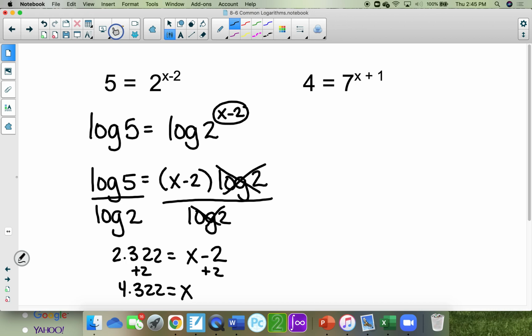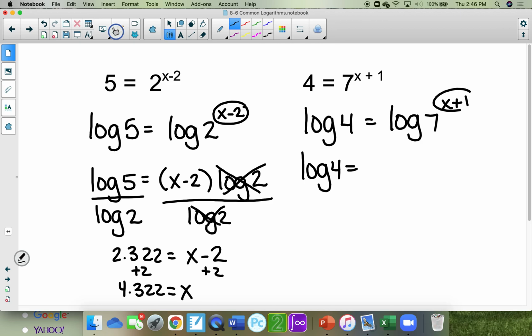So you're doing the same thing. You're going to log both sides. See that? You're still doing the same thing. You're just going to move this out in front, but if I were you, I'd put that in parentheses. Get this alone by dividing by the log of 7.